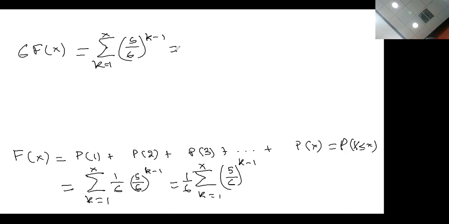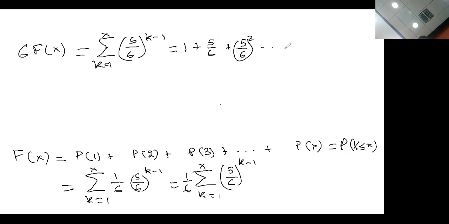So now we have k equals 1, we have 1. When k equals 2, what do we have? Five over 6. When k equals 3, 5 over 6 squared.